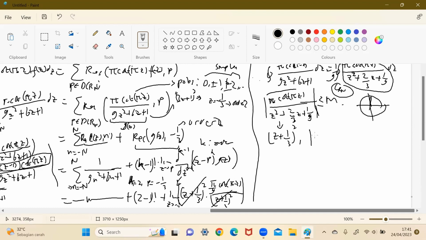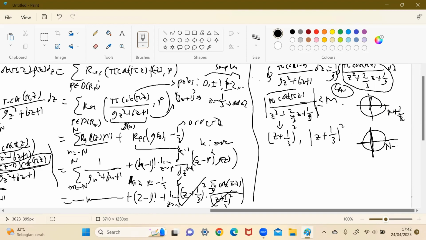So if you find the modulus of z plus 1/3 squared, when z is, remember, on the circle of radius n plus 1/2, finding the modulus of z plus 1/3 is equivalent to finding the modulus on the circle shifted 1/3 units in the direction of the positive real axis.